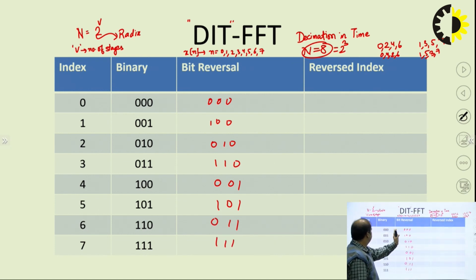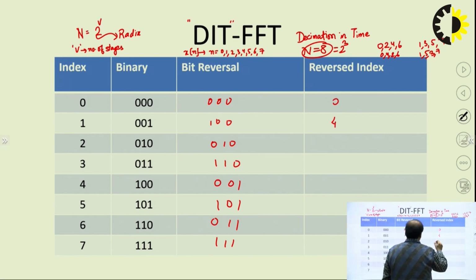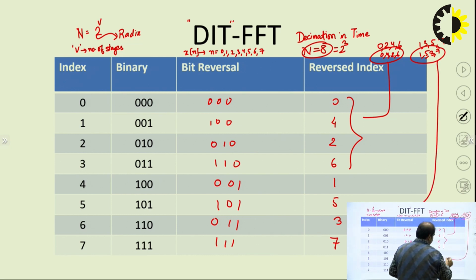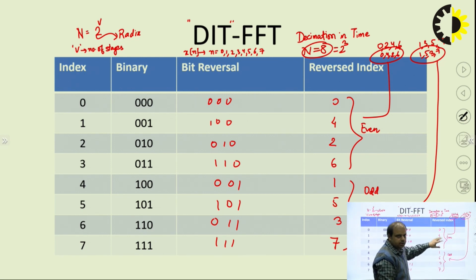If I write the index after reversal, it becomes 0, 4, 2, 6, 1, 5, 3, and 7. The same concept that I was discussing leads to this. So we basically have indices of even orders and odd orders arranged together in this fashion. So we will have 0, 4, 2, 6 as the sequence, and 1, 5, 3, 7 for odd.